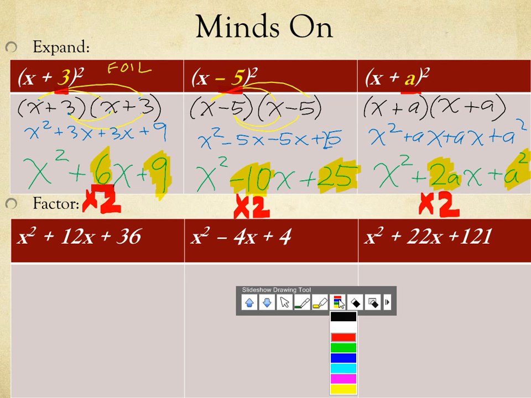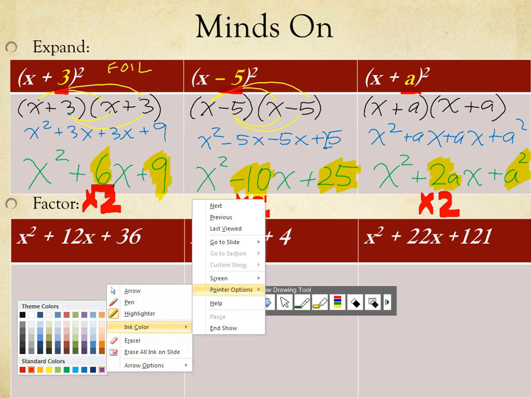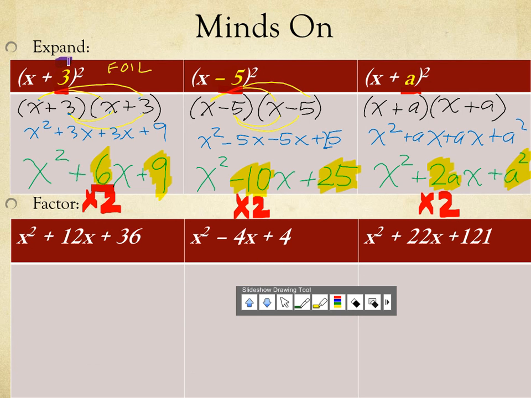And then the other pattern is that this number, when you square it, you get this number, okay? And this number, when you square it, you get this number. Same thing, okay? So whatever number you start with, if you multiply by 2, gives you the middle term of the standard form. And if you multiply it by itself, it gives you the last term of the standard form.